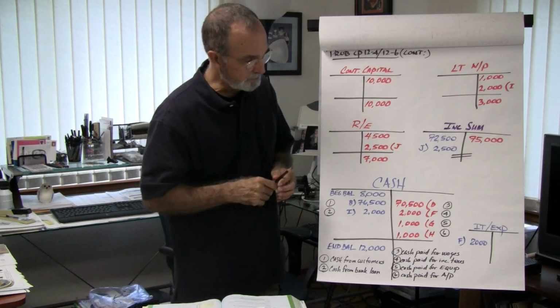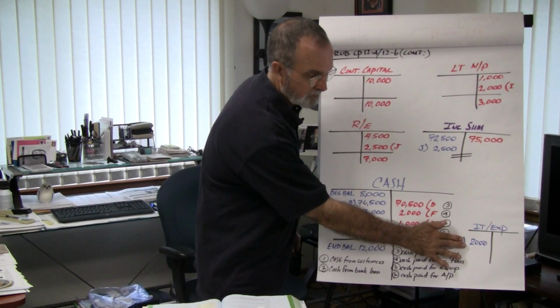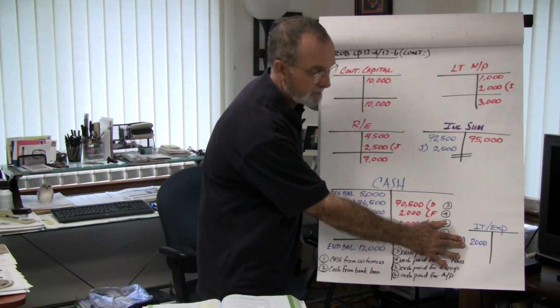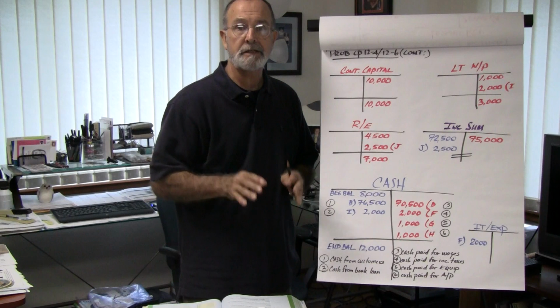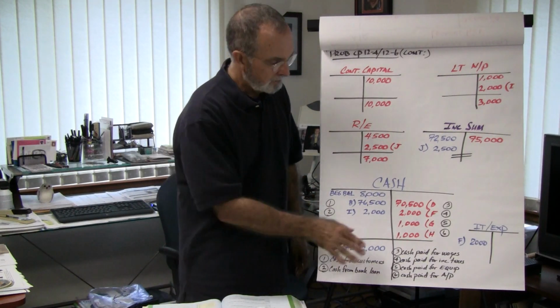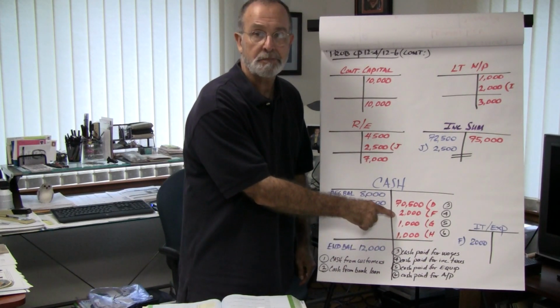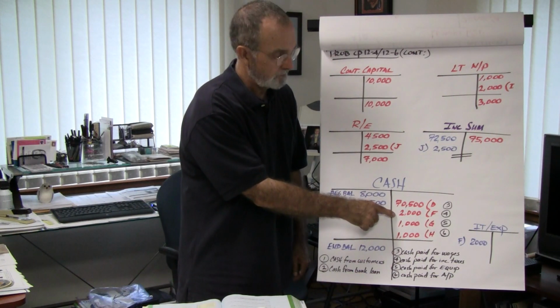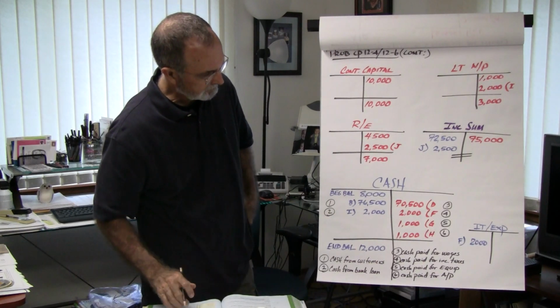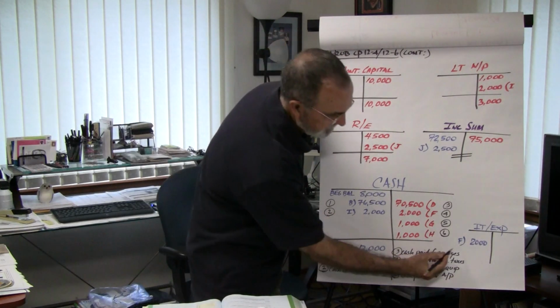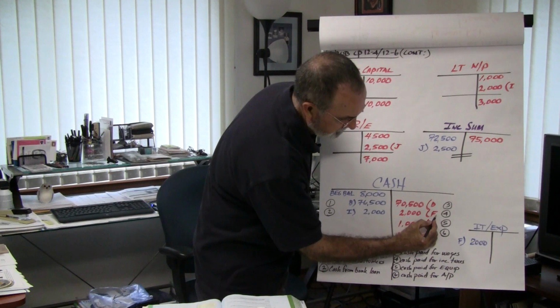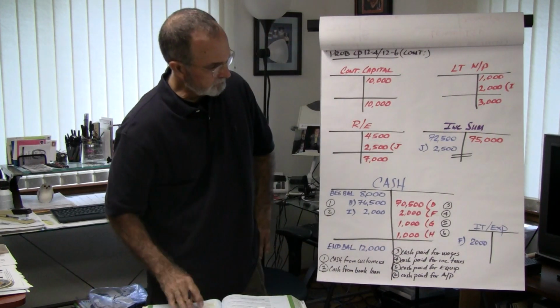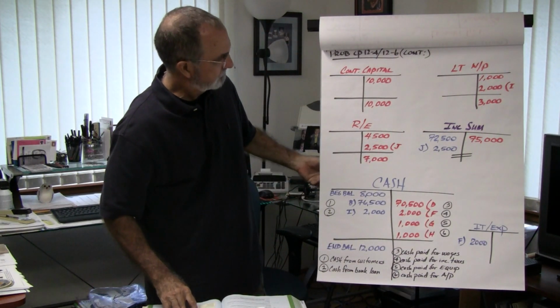And that would be an example of the amount that shows up on the income statement, income tax expense, being exactly the same as the amount that shows up on the statement of cash flows for cash paid for income taxes, $2,000. So we have calculated another amount for the statement of cash flows.